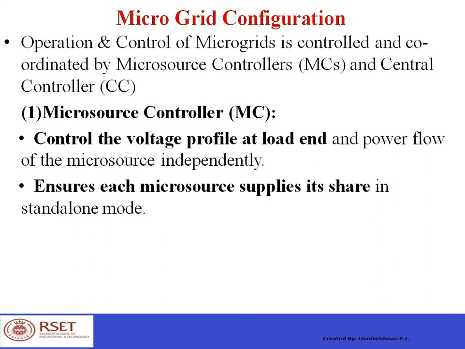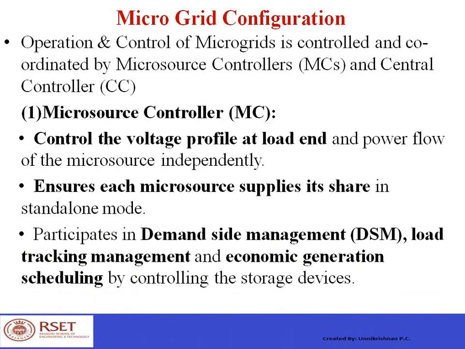Each micro source has to supply a certain amount of the generating share, or it has to meet a certain amount of the load. So the micro source controller should ensure that that particular micro source supplies its share. And who will decide its share? It is decided by the central controller, CC.